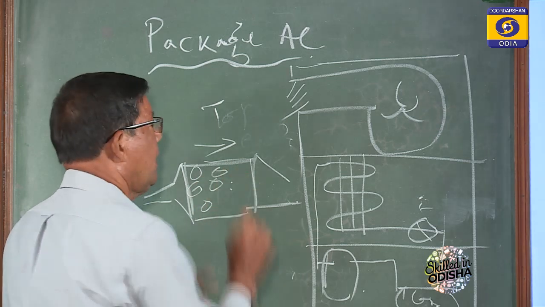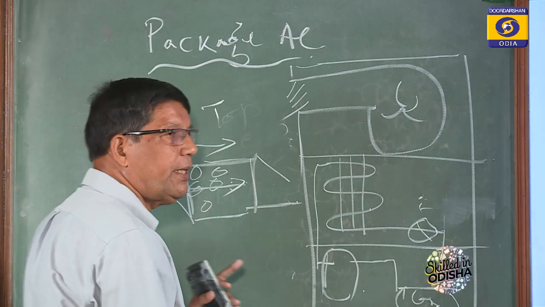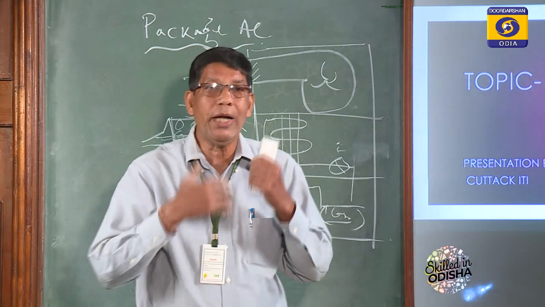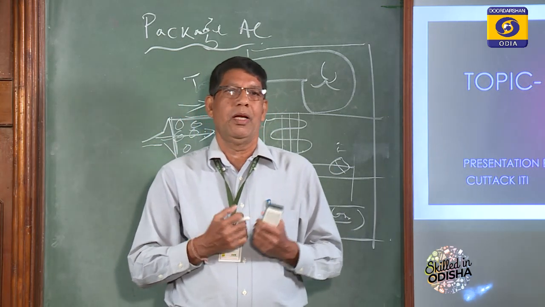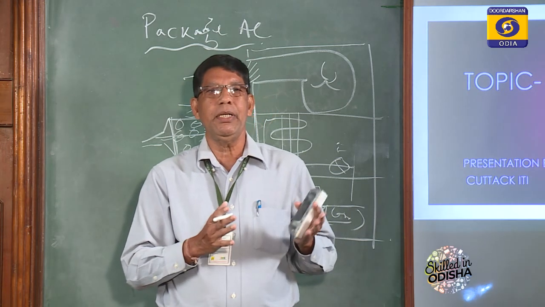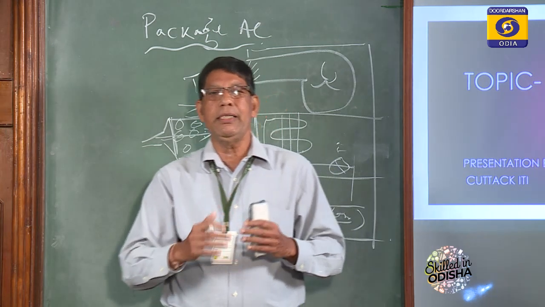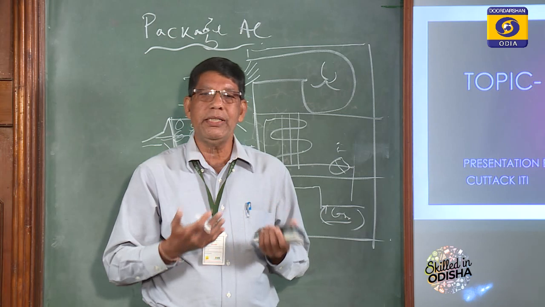This is the way of the refrigerant. If there are any impurities or water particles, it will screen them and absorb the moisture. Then it goes to the expansion valve. What is the expansion valve?